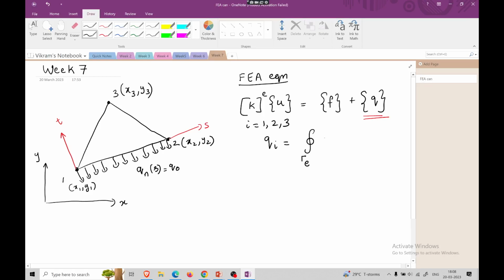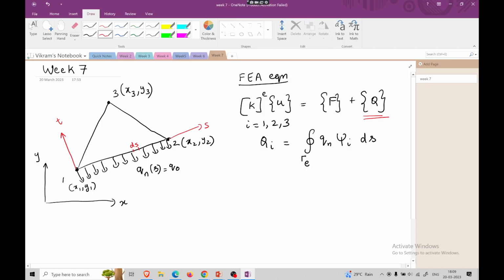I will write capital Qi is equal to the integral of Qn into psi i into ds. What is ds? ds is a small line element along the boundary.